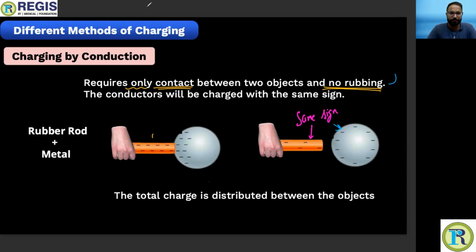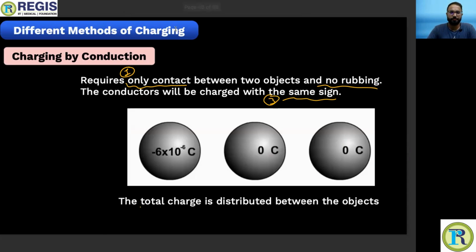Any doubt, any confusion? So finally, in case of charging by conduction, both the objects will have the same polarity, same sign. Clear? Any doubt, any confusion?